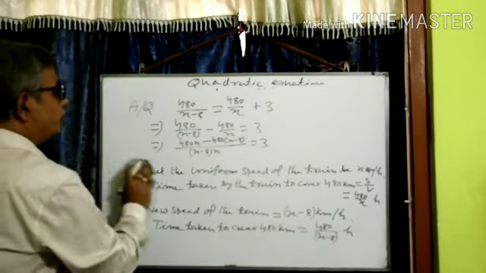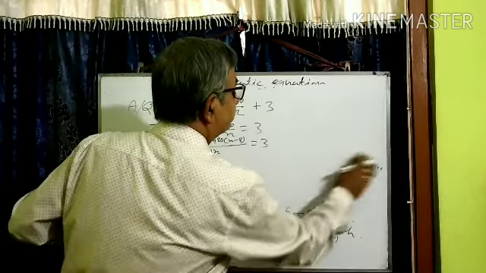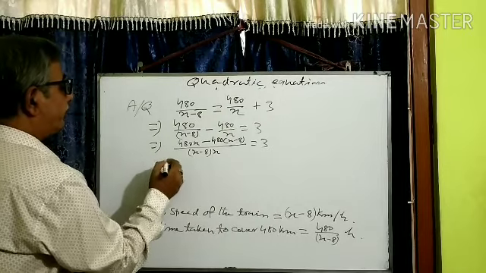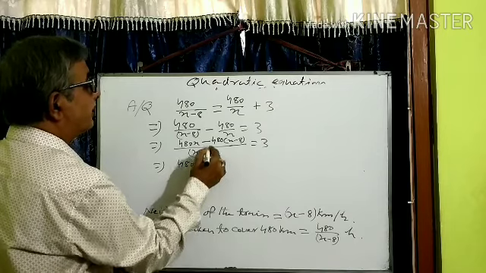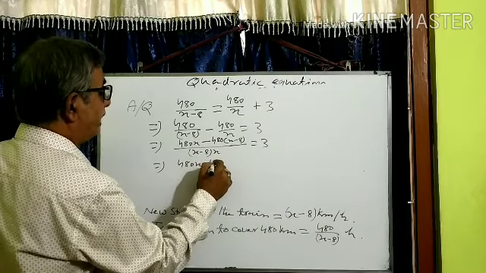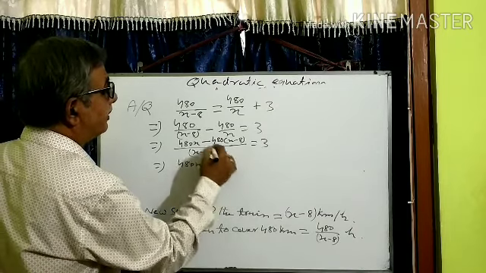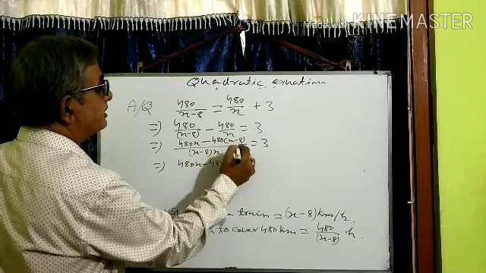Now you see 480x minus 480 into x minus 8. We are breaking the bracket: minus times minus is plus.